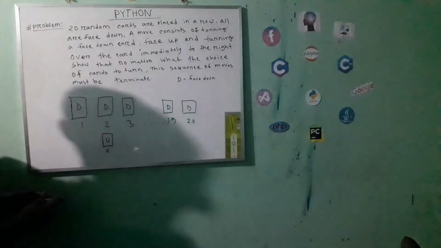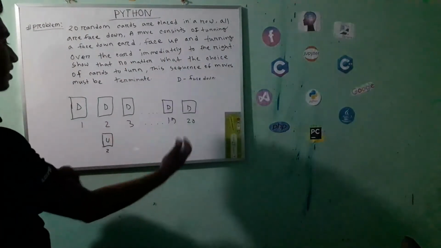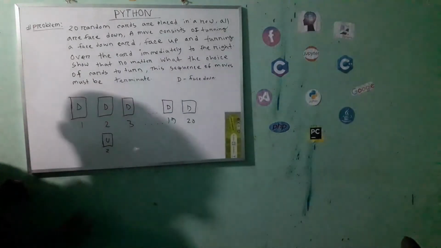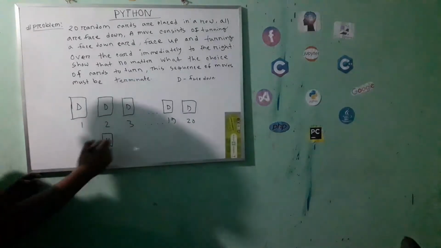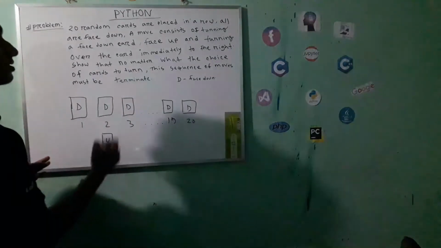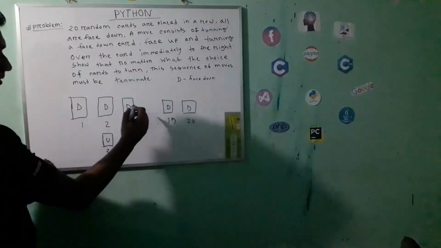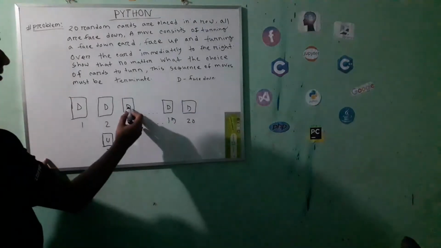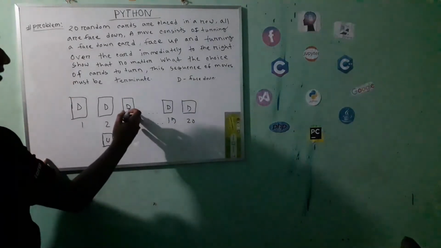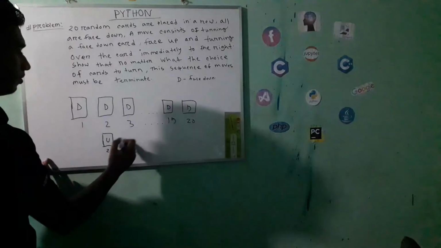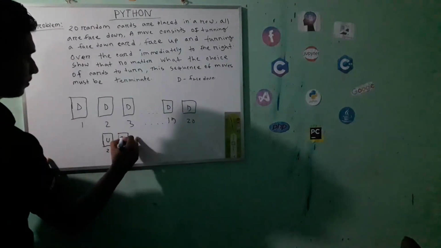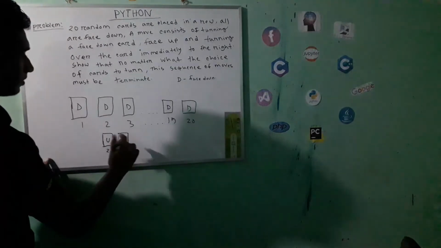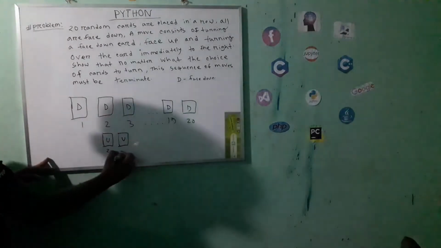That means I have to flip the card to the right, right? Like I have taken number 2, so I have to flip number 3 simultaneously. We can see the number 3 card is now face down, so we have to turn it over to face up, right?